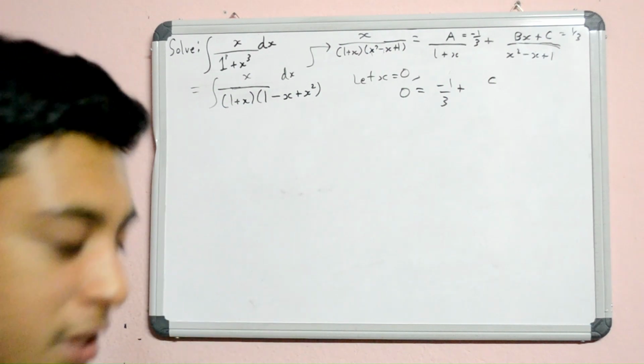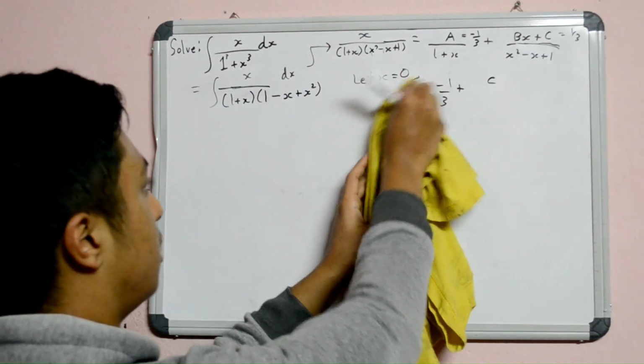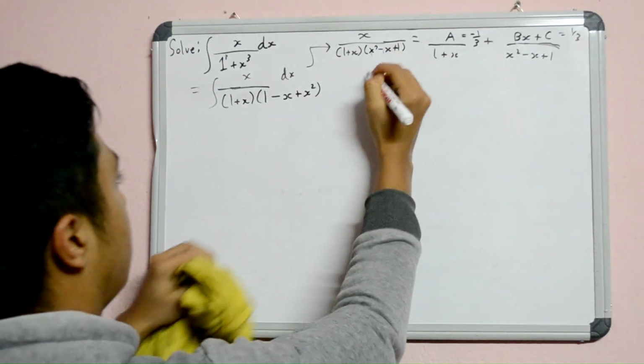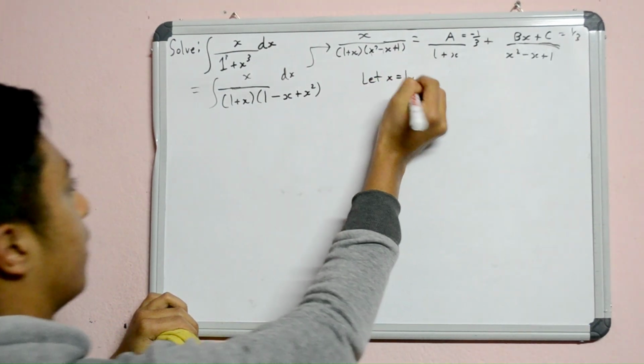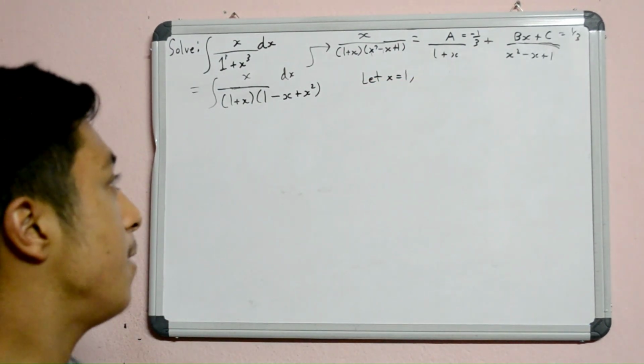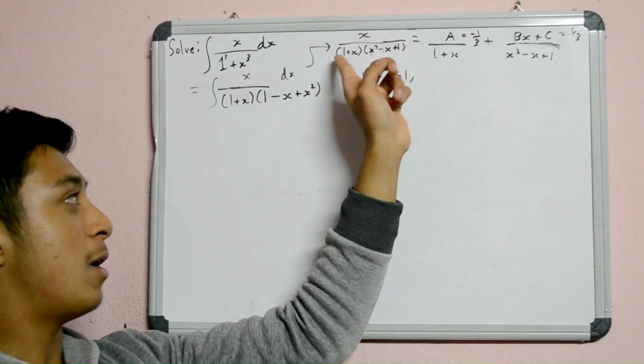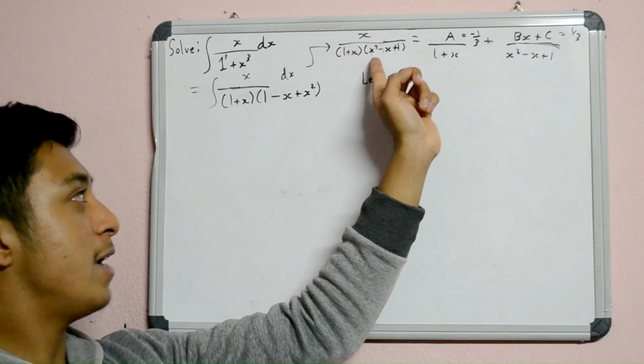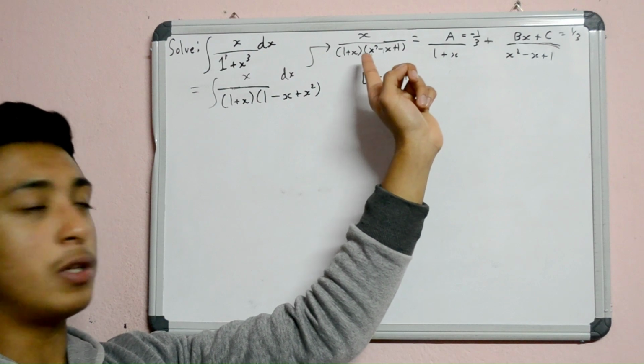Now to solve for B, let's let x equal 1. When we let x equal 1, the left side is 1 over (1 plus 1), which is 2, times (1 squared minus 1 plus 1), which is 1.